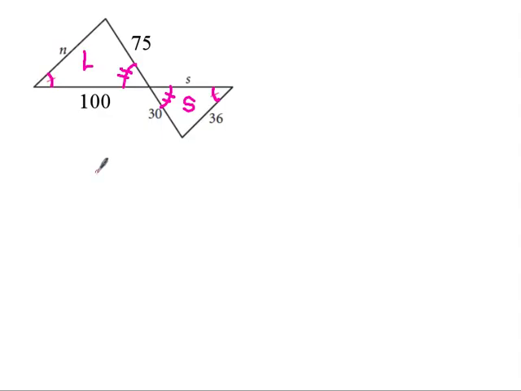So now what I'm going to go ahead and do is make my chart. So let's just pick a pair. I'm going to start here with the between the 1 and the 2. Between the 1 and the 2 in the large, it's 100. 1 and the 2 in the small is what? S. Okay, so we'll call that S. All right, let's pick another pair.